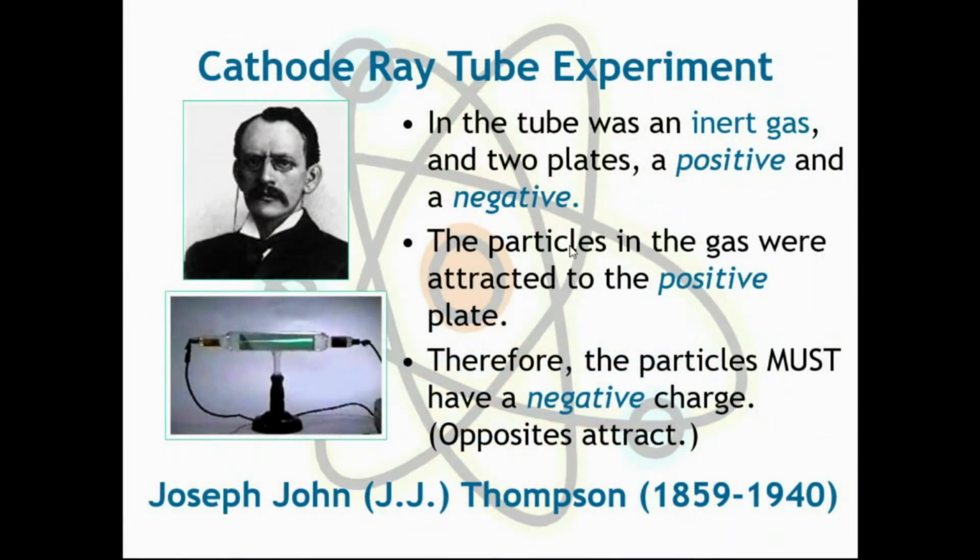And these, I believe, you have on your papers. So he picked either of these inert gases and placed it in the cathode ray tube, which contains 2 plates, a positive and a negative.